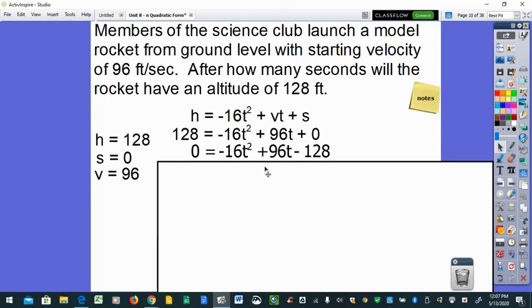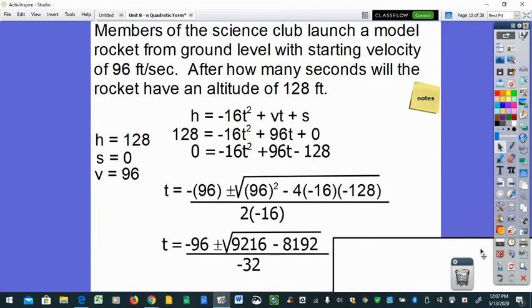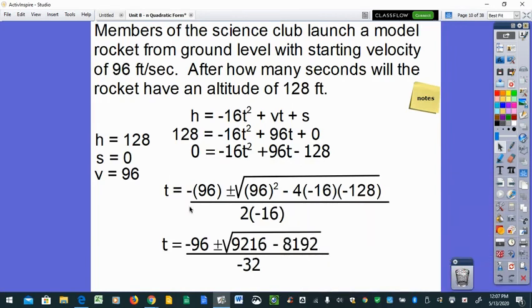A is going to be the negative 16, B is going to be the 96, and C is going to be the negative 128. I'm just going to uncover this box. Okay, and this is the substitution. The opposite of B plus or minus the square root of B squared minus 4 times A times C, all over 2 times A. And it now becomes a calculator exercise.